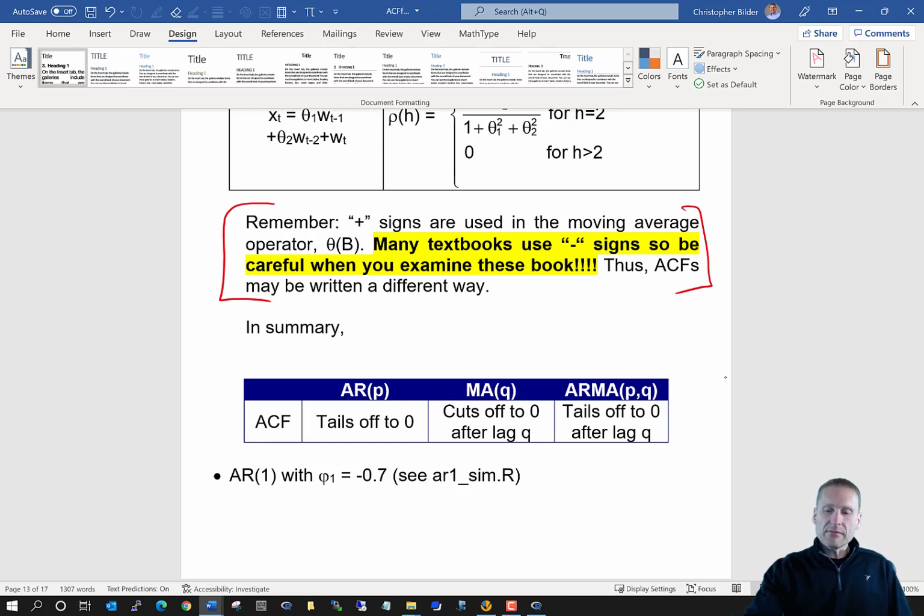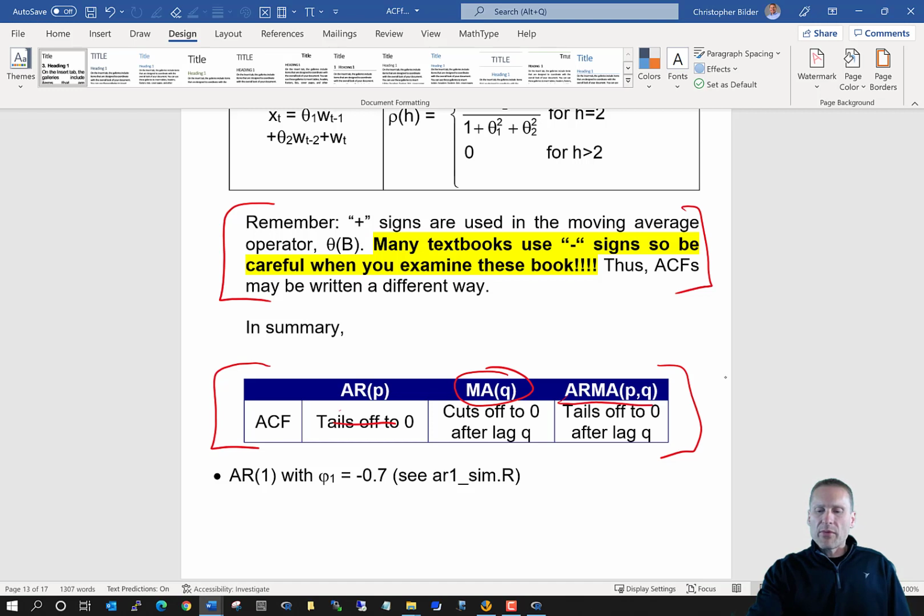So in summary, and this is very important, with these ACFs: if an AR(p) model is appropriate, then you're going to see the ACF tail off to 0. If a moving average MA(q) model is appropriate, that ACF is going to cut off to 0 after lag q.